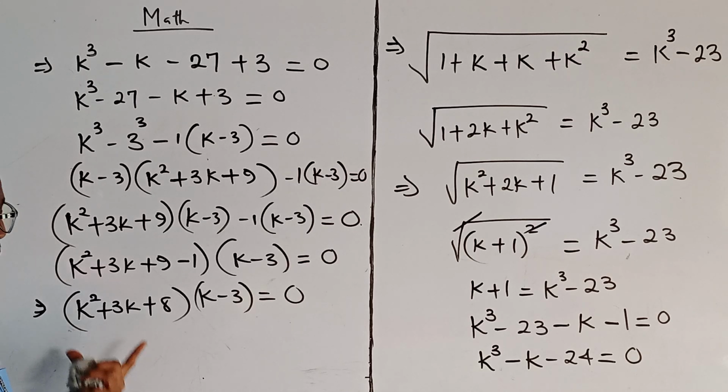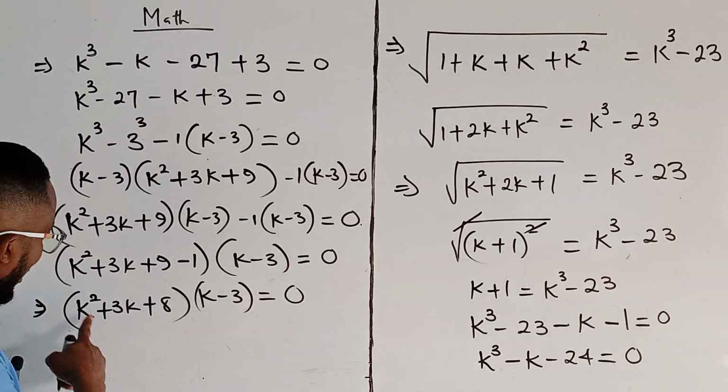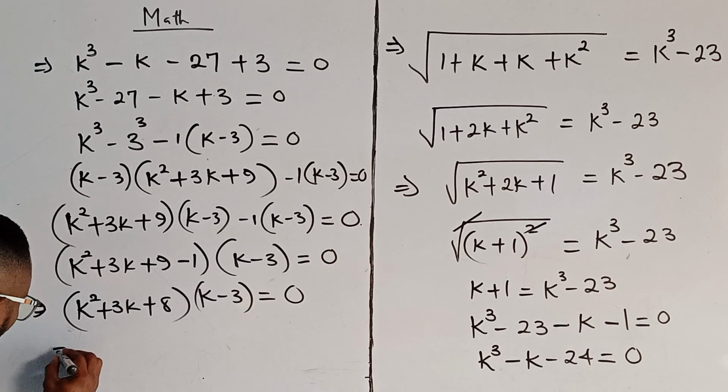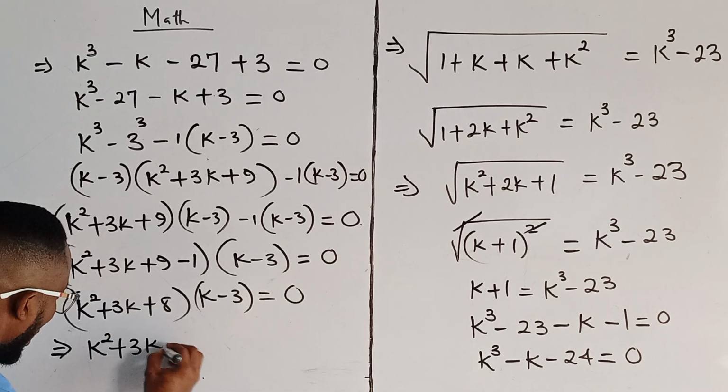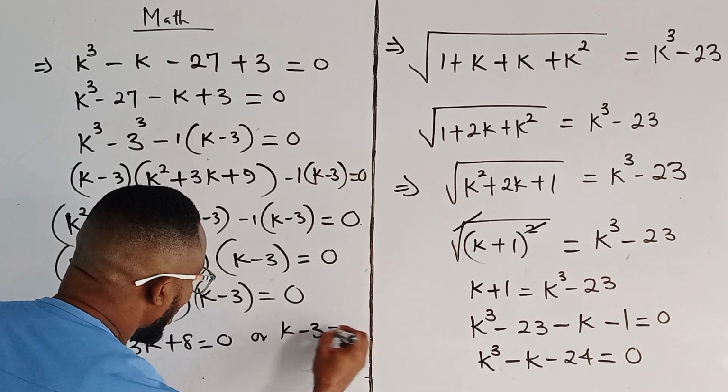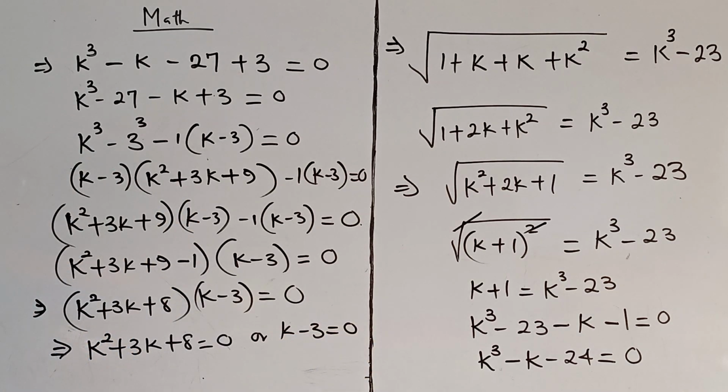But we have to test whether these quadratics actually have a real root. Because according to the product rule, it implies that k squared plus 3k plus 8 equal to 0 or k minus 3 equal to 0. So we need to test using the discriminant whether this quadratic will have a real root.